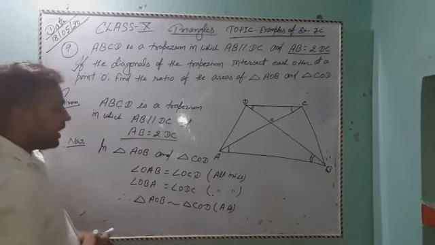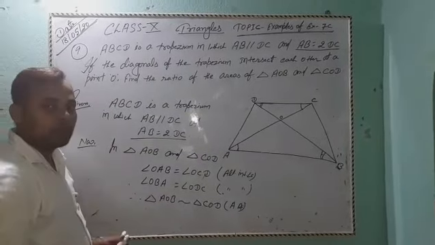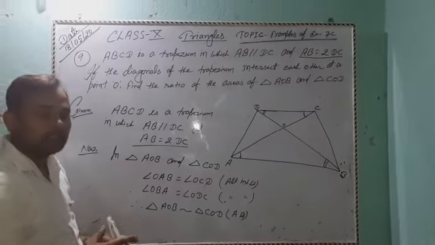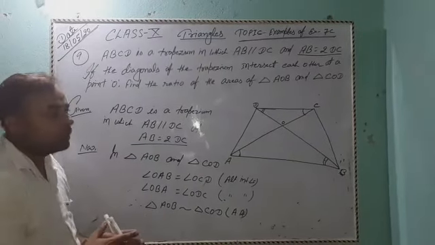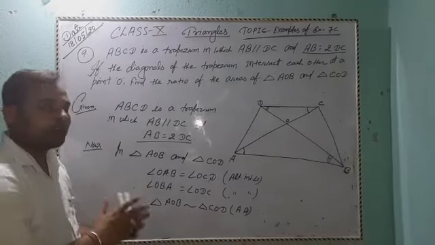Okay, and we know that the two triangles are similar. The ratio of the areas of two similar triangles is equal to the ratio of the square of their corresponding sides.